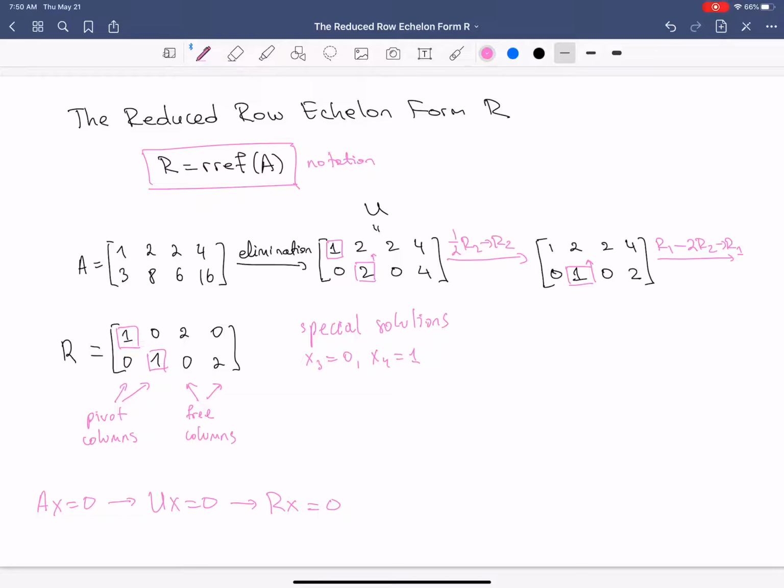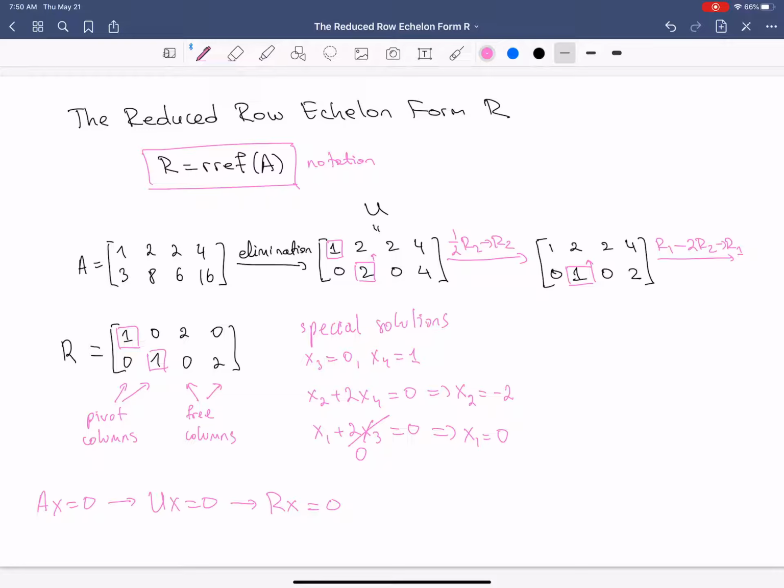But anyway, from the second equation, we have x2 plus 2x4 is 0. Since x4 is a 1, we see that x2 must be negative 2. And then from the first equation, we have x1 plus 2x3 is 0. x3 is already 0, so x1 must also be 0.